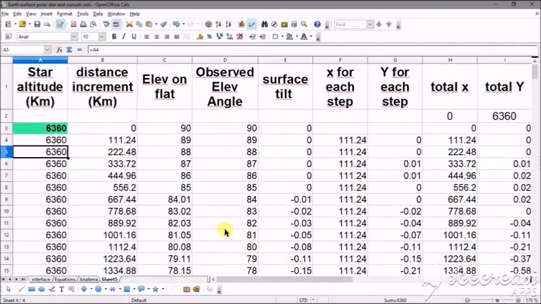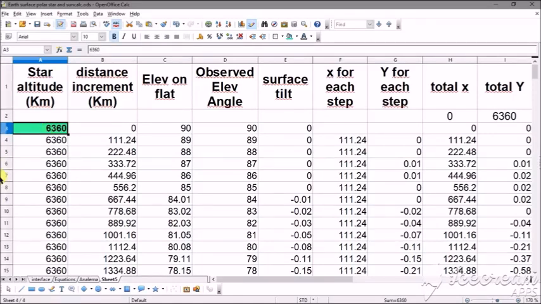So in order to do that, I made this spreadsheet with these inputs, and eventually it will plot out the surface that will fulfill the requirement of changing 1 degree of elevation angle every 111.24 kilometers. I found that the proper distance to make that change is 6,360.